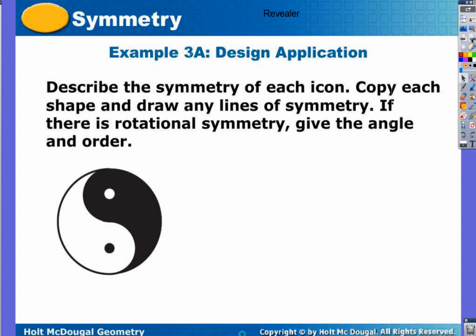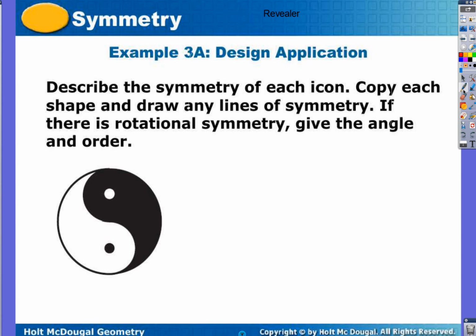This one here I kind of disagree with, but I remember going over this before. Describe the symmetry, copy each shape, and draw any. So here they want lines and rotational. Does this appear to have line symmetry? No. I agree with you.